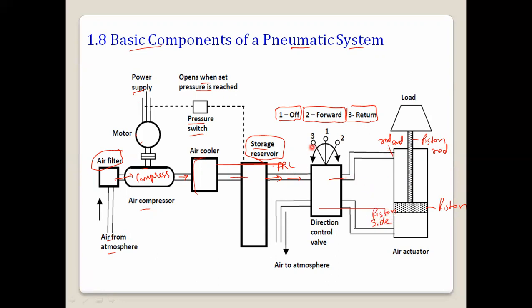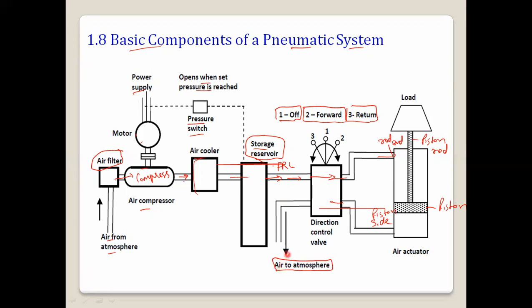So second, forward position means air will go from the compressor to the direction control valve, then from the direction control valve to the rod end. Then this piston will come downward, and from here the air will come to the direction control valve. From the direction control valve, you can see it is going to the atmosphere.